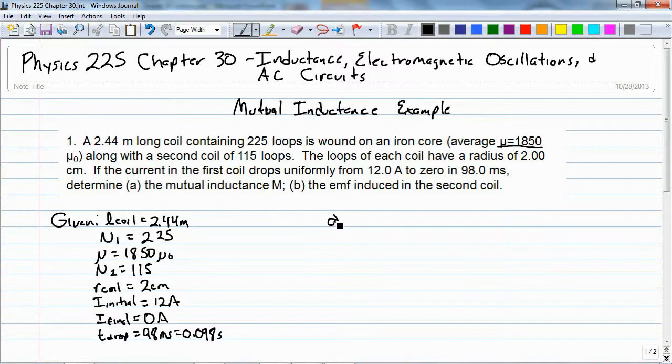The first thing we need to find is the magnetic field based on a solenoid, and that's going to be mu times N1 times the initial current divided by the length of the coil.